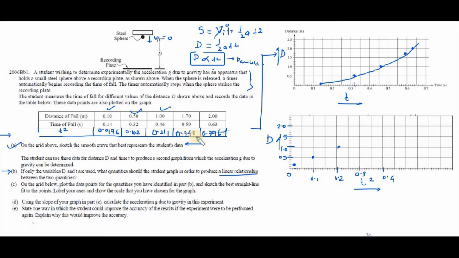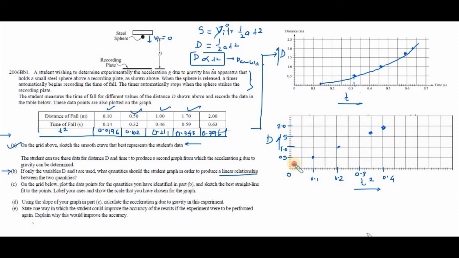And 0.348, that is 1.7, so we can consider 0.35 and 1.7. Then 0.396, it will be around 0.4, and that would be 2.